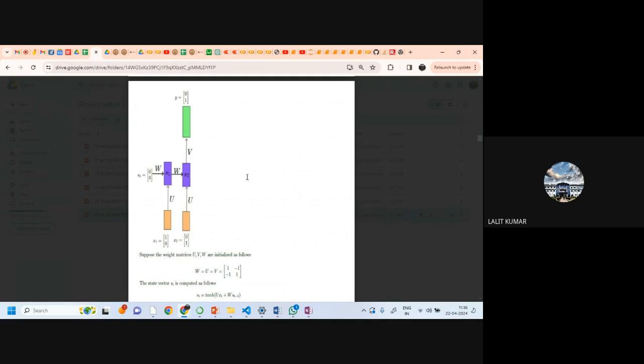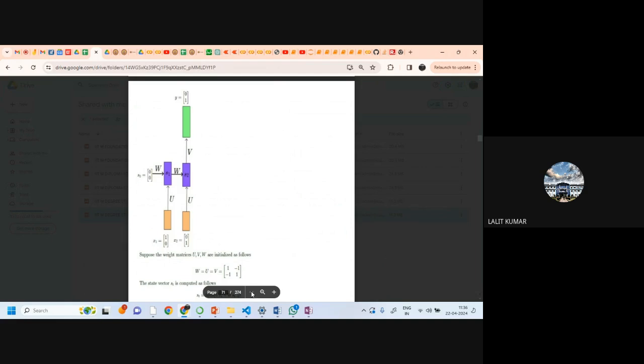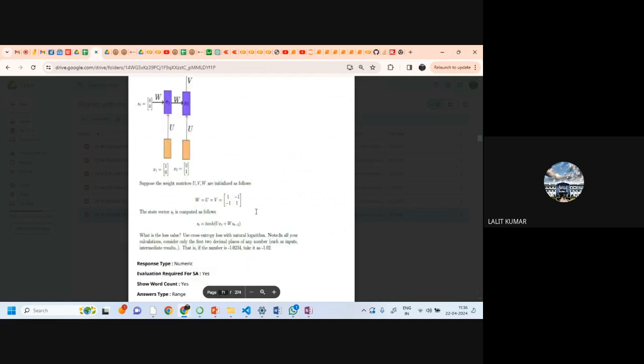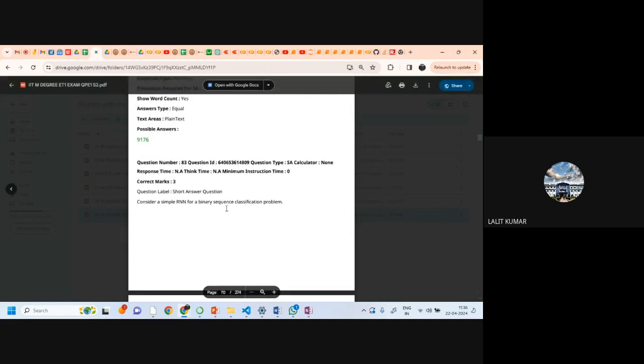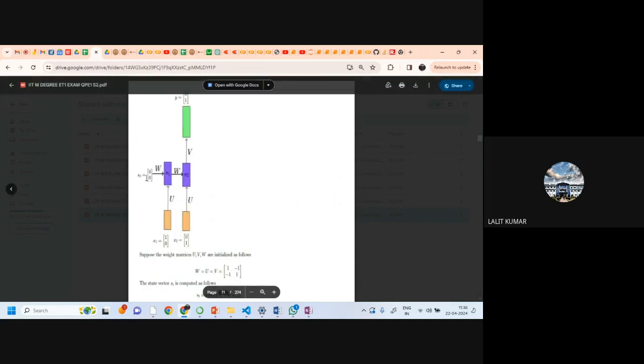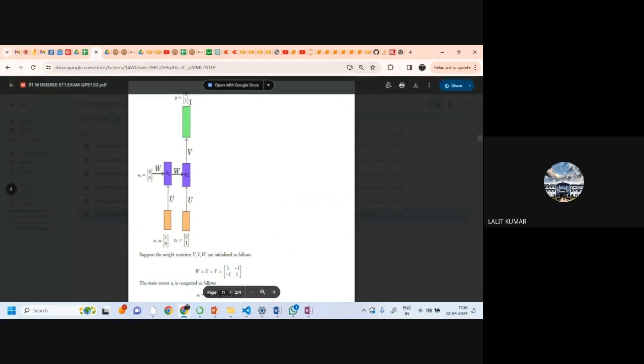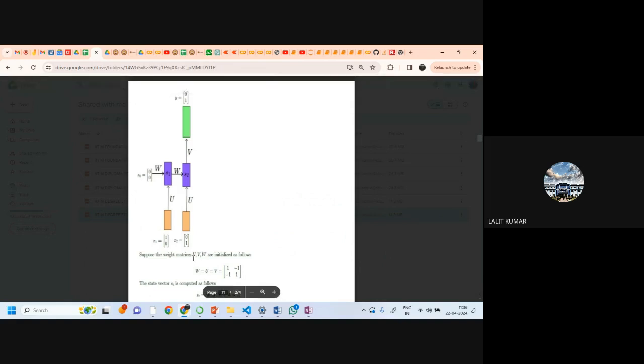This is about, थोड़ा छोटा कर लेते हैं. Suppose this is an RNN for a binary sequence classification problem. So hidden state में there is a vector of size 2, output is of size 2, input is also of size 2, and the weight matrices W, U and V they have given as 1, -1, -1, 1.